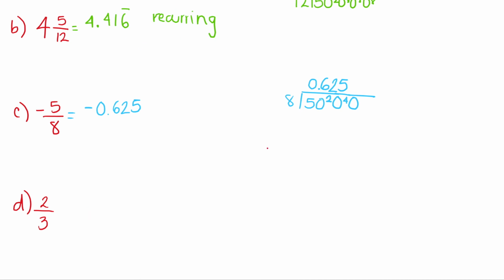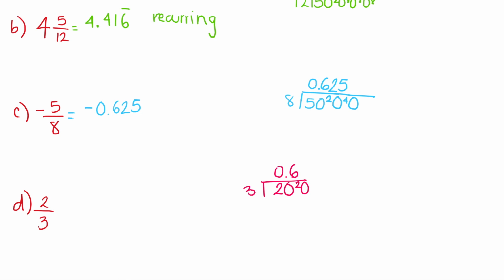2/3. So same thing, we do 2 divided by 3. It doesn't go any times, so 0, decimal point, 20 is going to be 6 times 3 is 18, and then we have another 2 here and a 0.